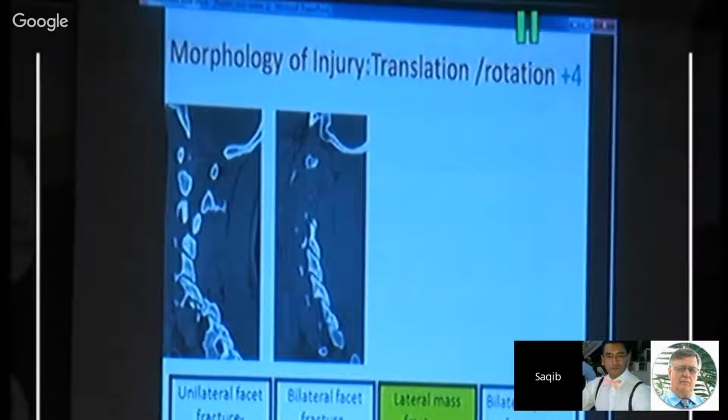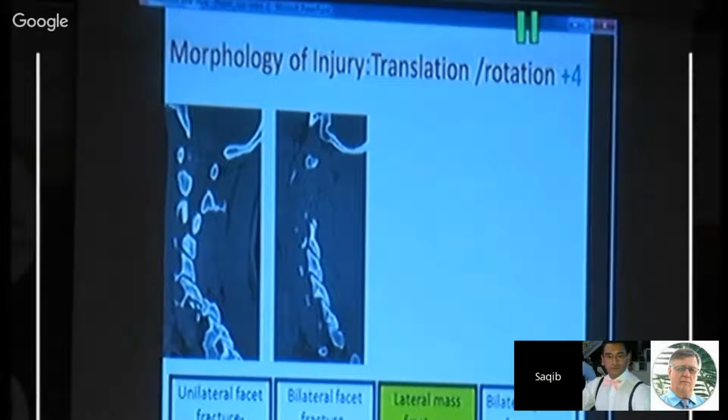So when we look at the CT of this case, lateral mass fracture separation is one component of translation rotation, which commonly receives 4 points.